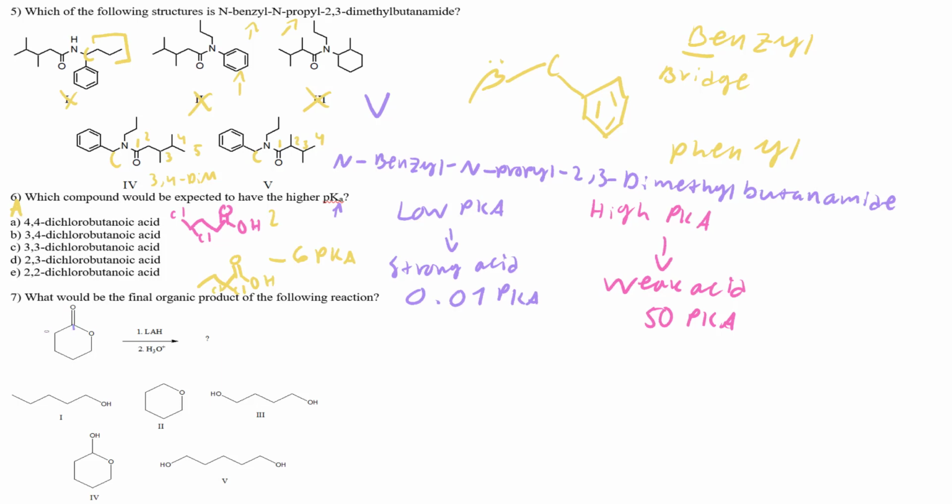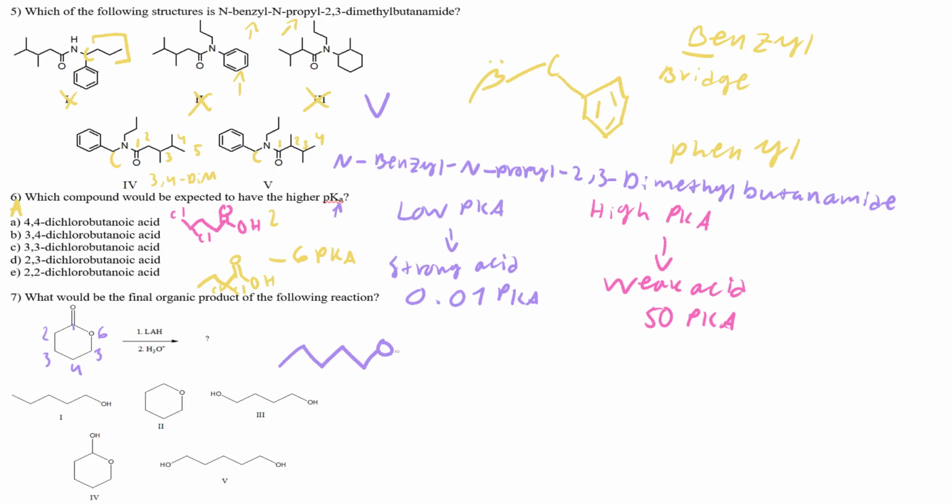So we have 1, 2, 3, 4, 5, and 6. Ooh, that's a bad 6. There you go. Okay, so I should have a 6-member ring, or not ring, but chain. So we have 1, 2, 3, 4, 5, and 6 right there. The oxygen counts as a member. So we have 6 members.